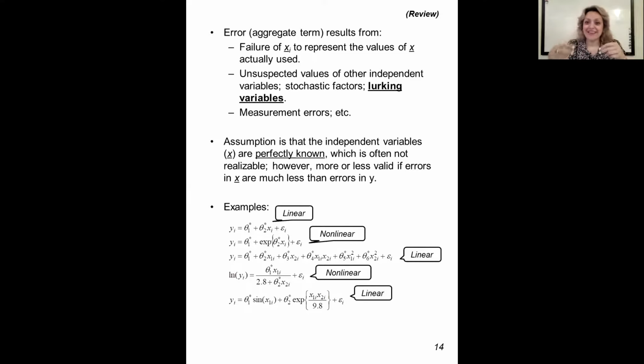Because of that, when we want to categorize models as linear regression models and non-linear regression models, we need to look at the parameters that we have. Here, because the parameter theta is inside the exponential, we would say that this is a non-linear model.